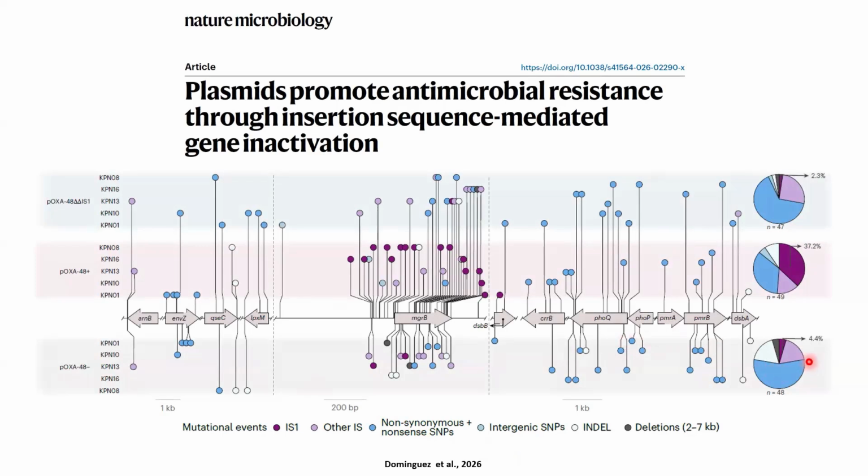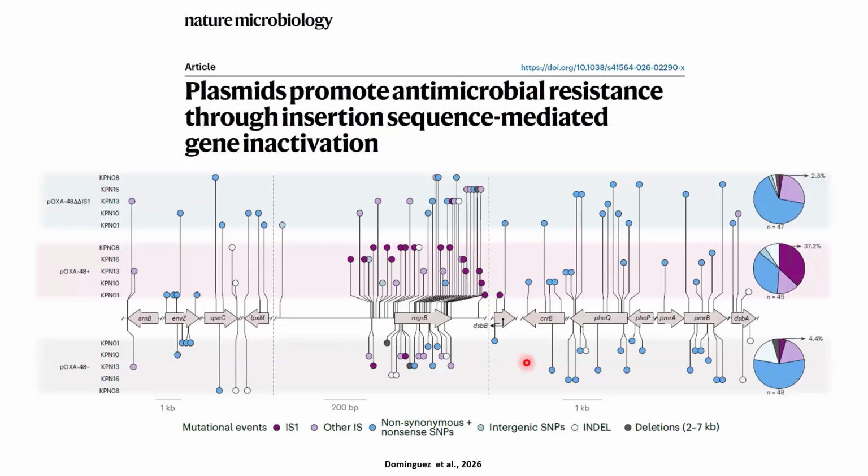they have knocked down, or deleted, the insertion sequences from the plasmid. So the three panels over here: the lowest one is without the OXA48 plasmid, without the insertion sequence on the plasmid. The middle one is the plasmid with the insertion sequence, and the top one is a double copy of an insertion sequence.